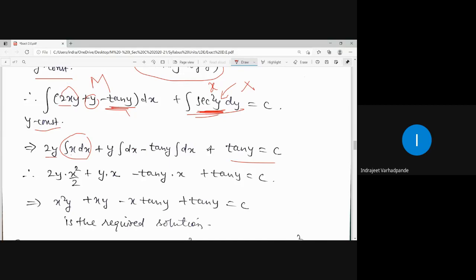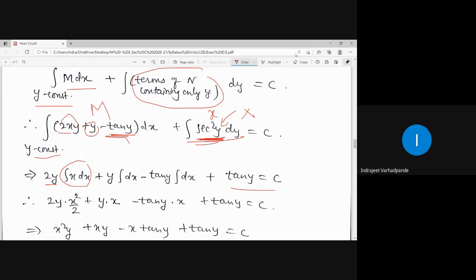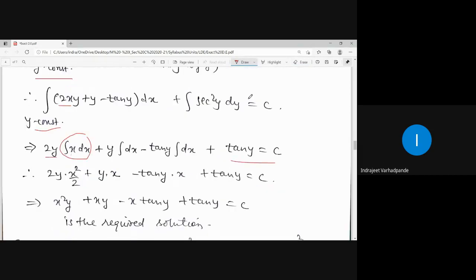Please note down. This part is written. Which terms are to be considered in n? Is this clear to everybody?